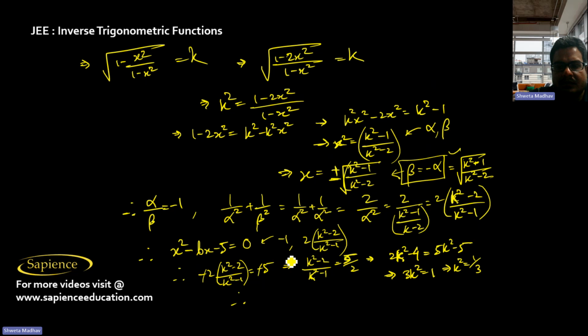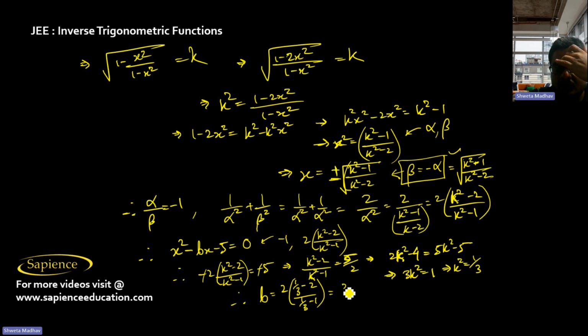And so sum of the roots, that is b. B is the sum of the roots, that is 2 into k square minus 2 by k square minus 1, that is 1 by 3 minus 2 by 1 by 3 minus 1.